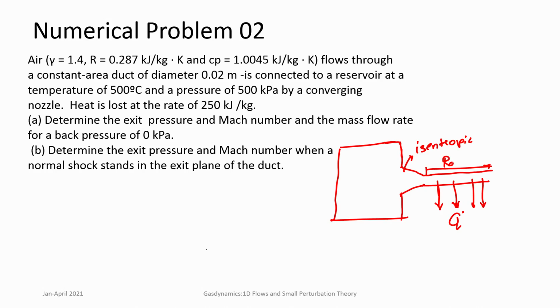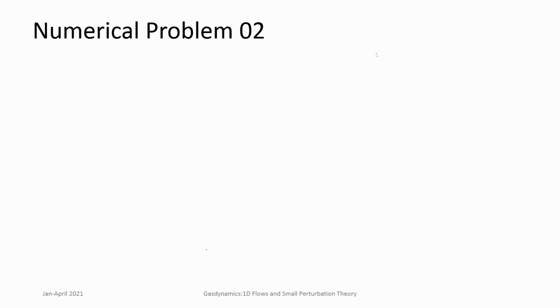and thereafter you have a Rayleigh flow here. What is given is the reservoir pressure and temperature of 500 degree centigrade. So, this is T naught and P naught is 500 kilopascal. It is always useful to draw the Rayleigh curve.